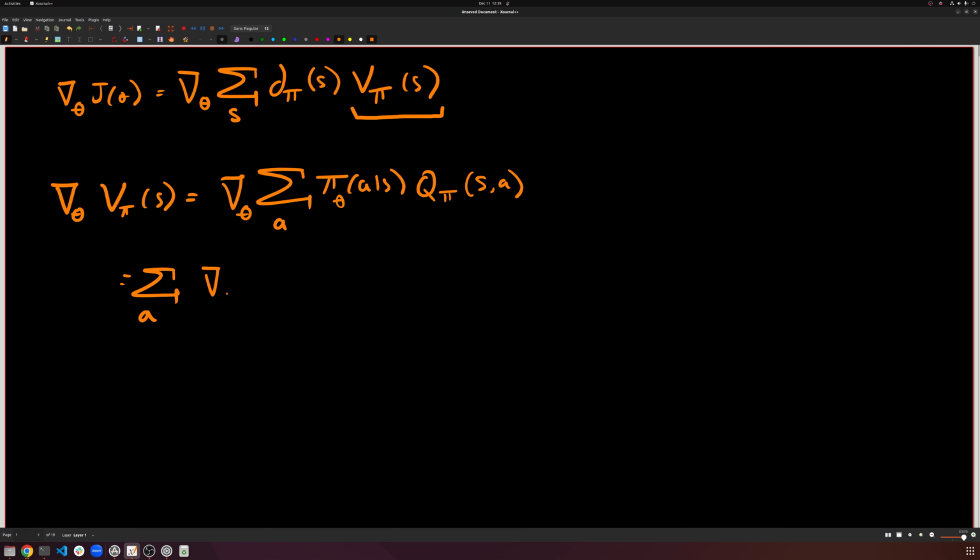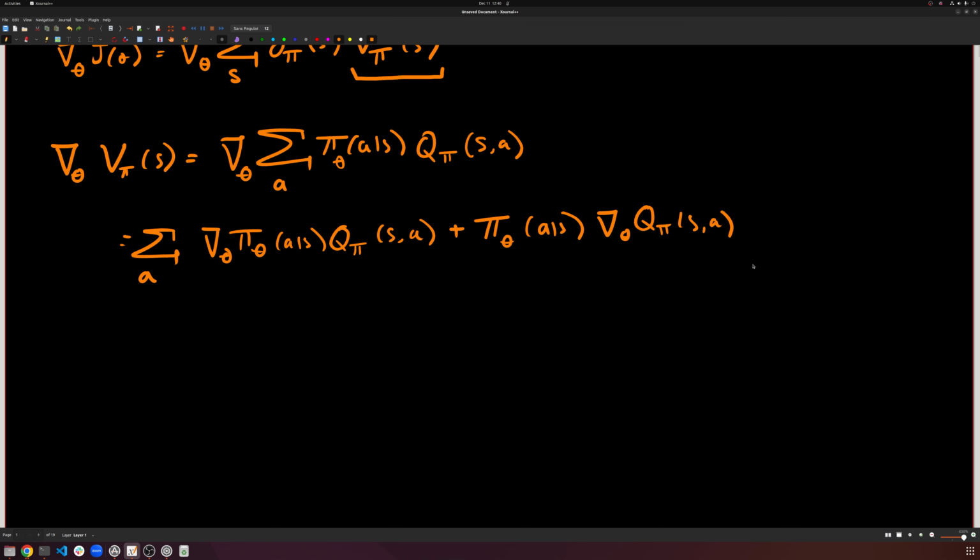So we'll do the gradient of pi theta of a given s, and then Q pi of s, a just stays the same. This gradient applies only to this first term right here. Then plus, it's the other way around: pi theta of a given s times the gradient of our Q value for some state-action pair.